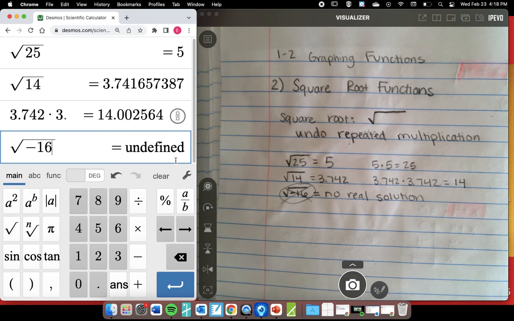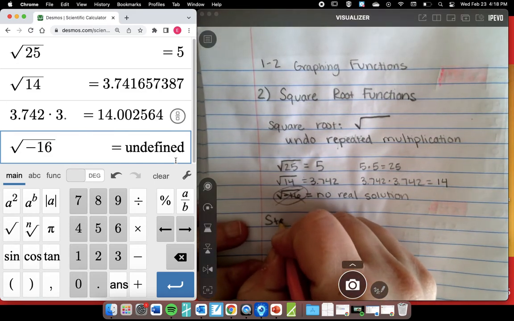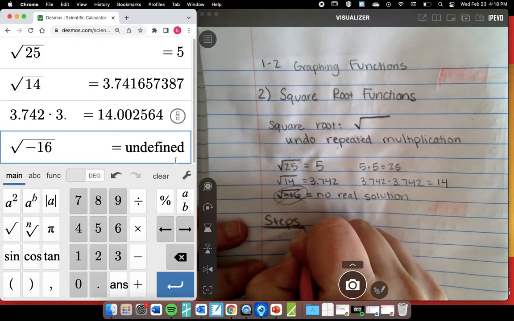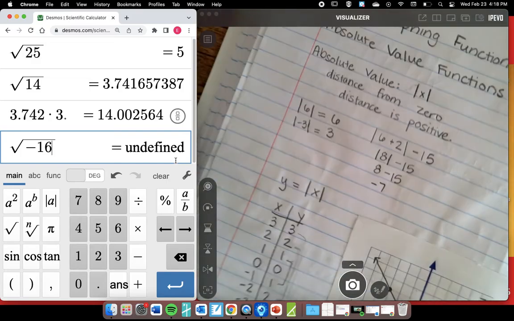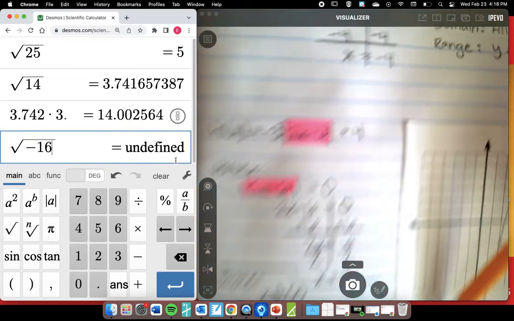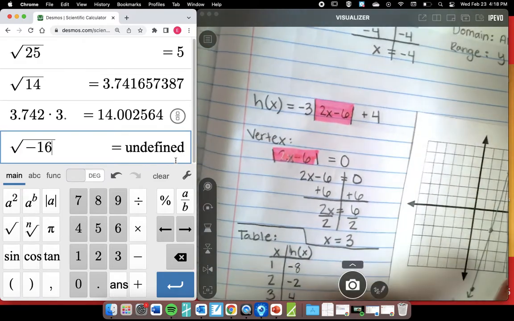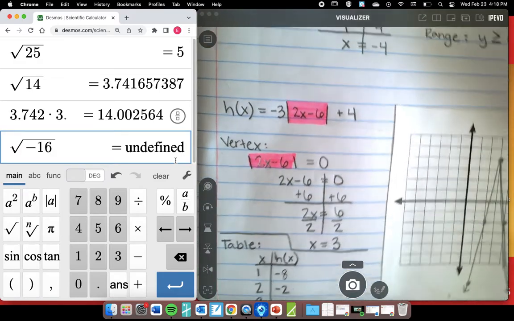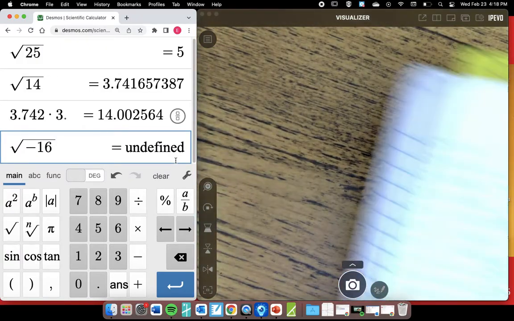We're going to follow really similar steps to yesterday, so let's name our steps. Yesterday, when we did absolute value, we found the vertex, made our table, graphed, and then did our domain and range. Instead of a vertex, this time we have a starting point.